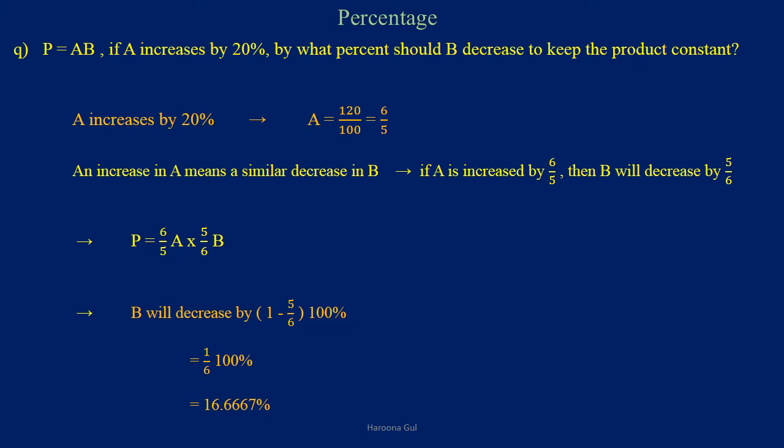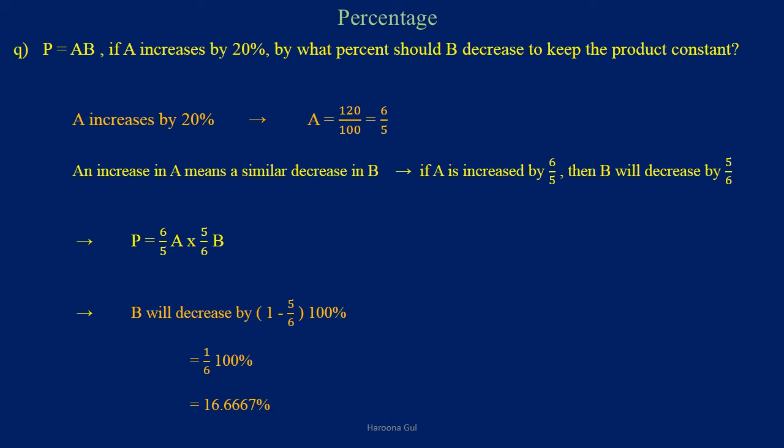Now, an increase in A means a similar decrease in B, which means that if A is increased by 6 over 5, then B will decrease by 5 over 6, right? Simple, because 6 over 5 into 5 over 6, everything will cancel out and we're going to get AB in the end, which is the same as P. Now, the question is asking us for the percentage decrease in B, right?